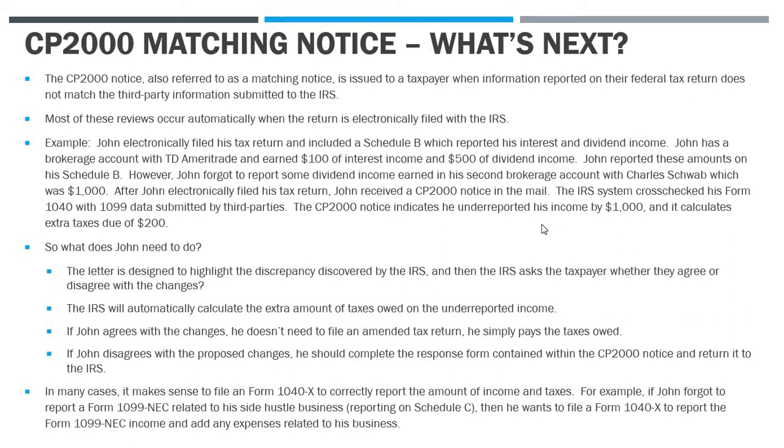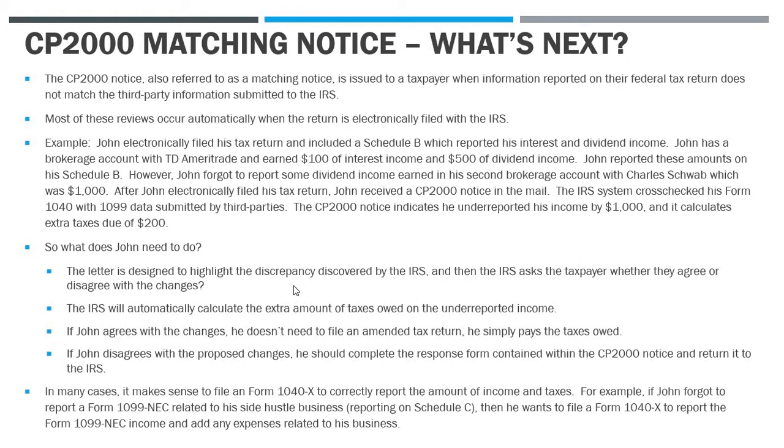And so the CP2000 notice lists all the proposed changes, and then it calculates an amount of tax due. In John's case, it was going to be $200. So what does he need to do? Well, the letter's purpose is to highlight the discrepancy, and the IRS already proposes adjustments and taxes owed within the letter. And then it asks you, the taxpayer, to decide whether you agree with the changes or not.